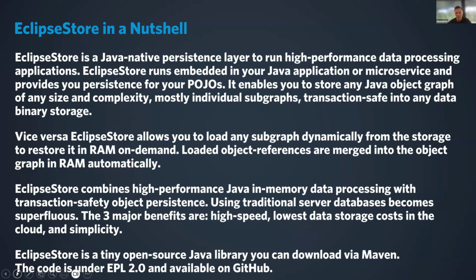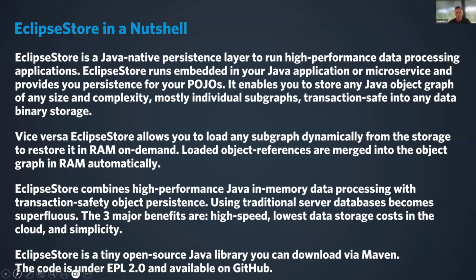In the cloud, object storages, binary data storages are around 95 or even more percent cheaper than any database in the cloud. So we only need storage, and so this is way cheaper than a database. And third is simplicity.